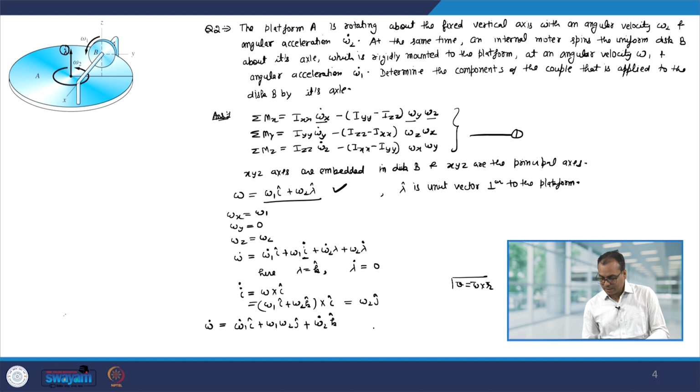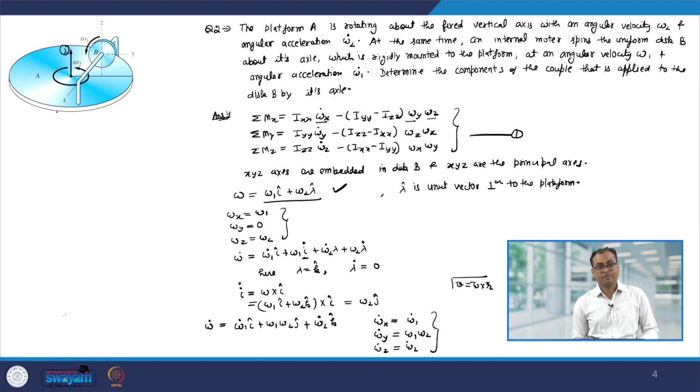Therefore, omega x dot will be omega 1 dot, omega y dot will be omega 1 omega 2 and omega z dot will be omega 2 dot. Also note that the x, y and z axes are the principal axes, and because of the symmetry, the moment of inertia of disk B about the y axis and the z axis will be the same. So, Iyy and Izz will also be equal.